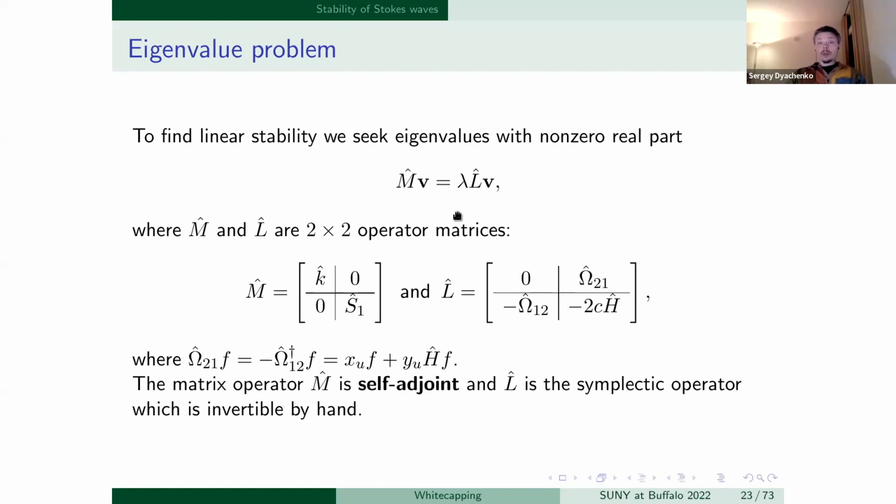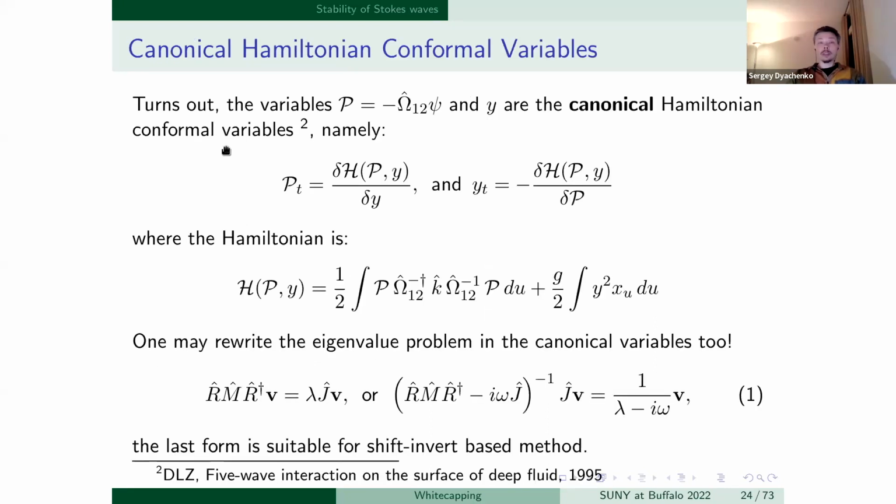Okay, so we're going to work with this system MV equals lambda LV, but before we work with it, we will modify it a little bit to make things nicer. Turns out that we can introduce the canonical Hamiltonian conformal variables by applying the operator omega 1,2 to the function psi. Then the variables p and y would be the canonical Hamiltonian conformal variables.